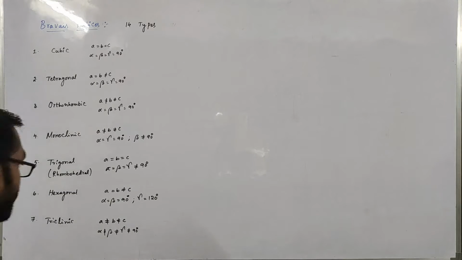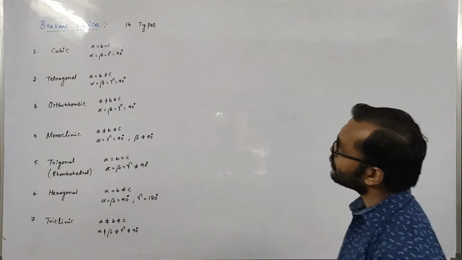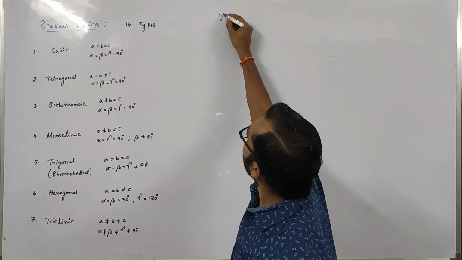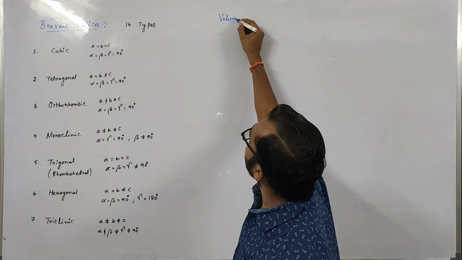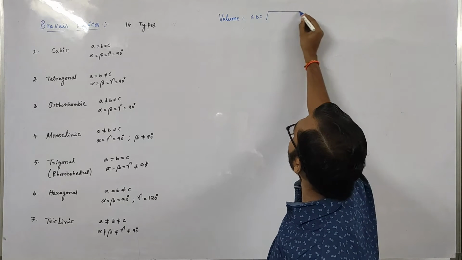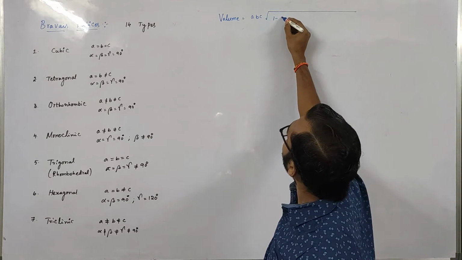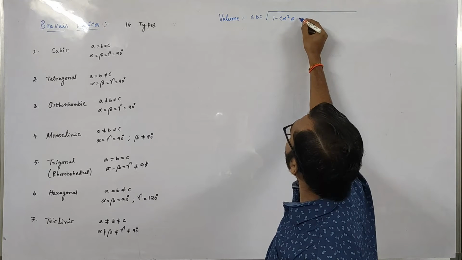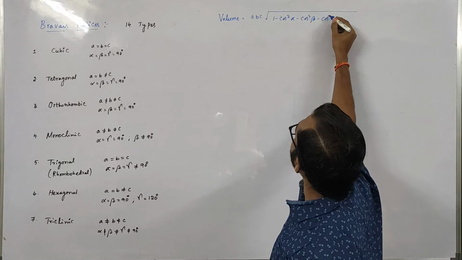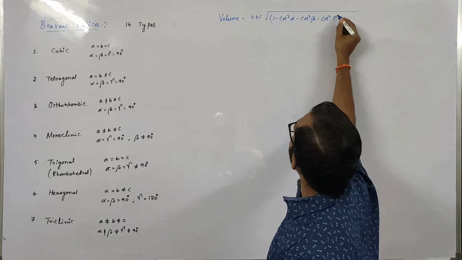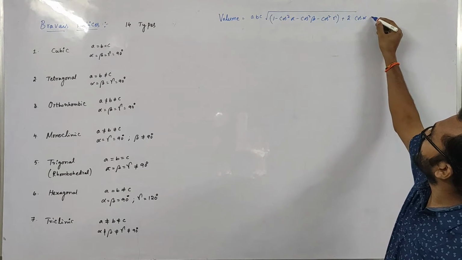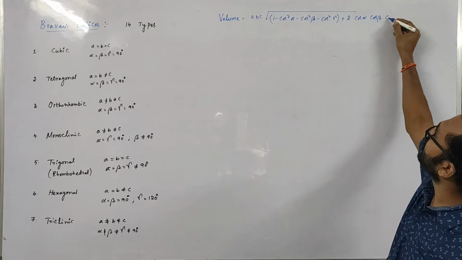What is the formula for the volume of triclinic? Volume is equal to ABC under root 1 minus cos square alpha minus cos square beta minus cos square gamma plus 2 cos alpha cos beta cos gamma.